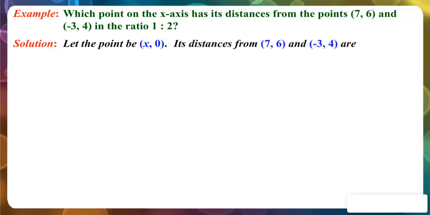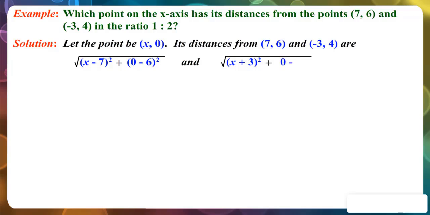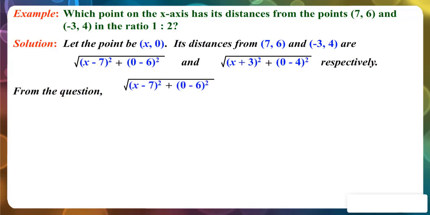Its distances from (7, 6) and (minus 3, 4) are the square root of (x minus 7) whole square plus (0 minus 6) whole square, and the square root of (x plus 3) whole square plus (0 minus 4) whole square, respectively. From the question, the square root of (x minus 7) whole square plus (0 minus 6) whole square, divided by the square root of (x plus 3) whole square plus (0 minus 4) whole square, is equal to 1/2.